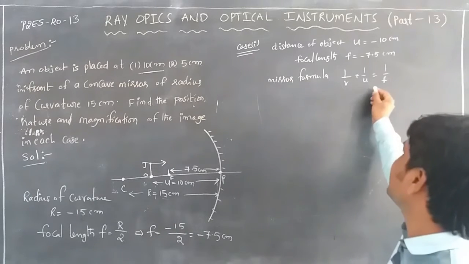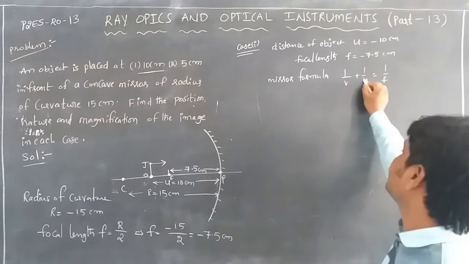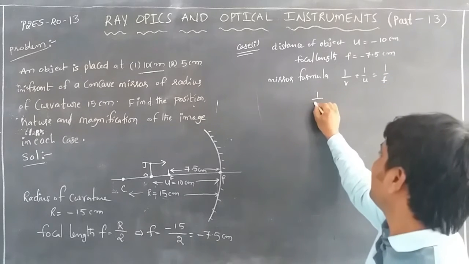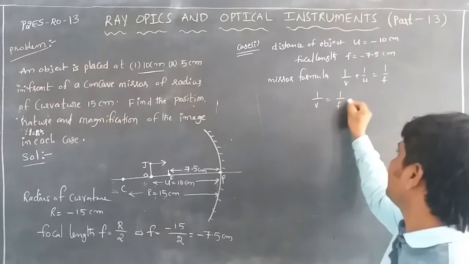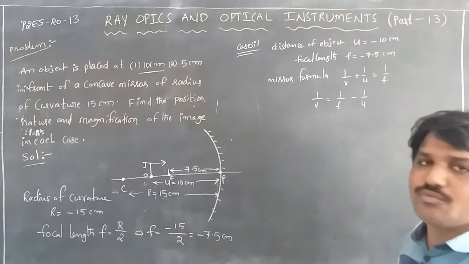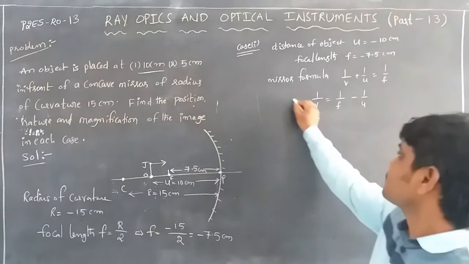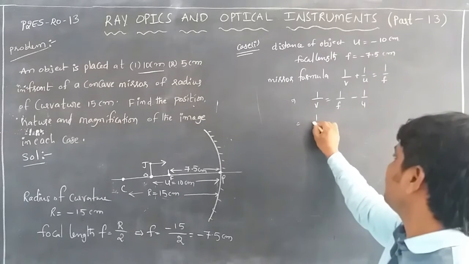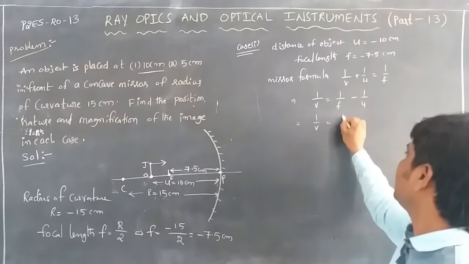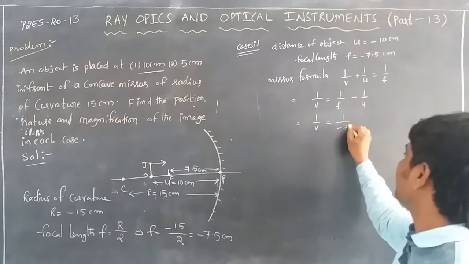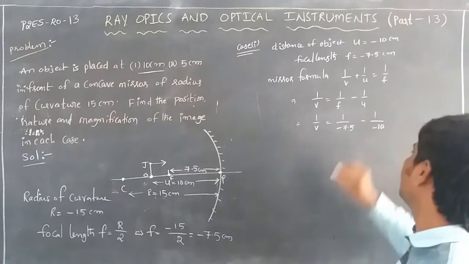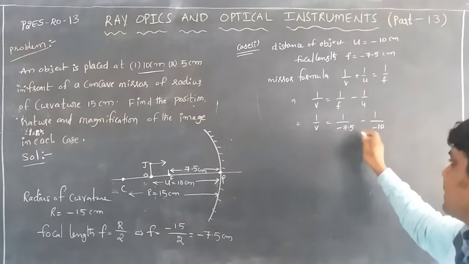From this relation, taking 1 by u to the other side, we get 1 by v is equal to 1 by f minus 1 by u. Substituting the values, 1 by v is equal to 1 by minus 7.5 minus 1 by minus 10, and minus minus makes plus.